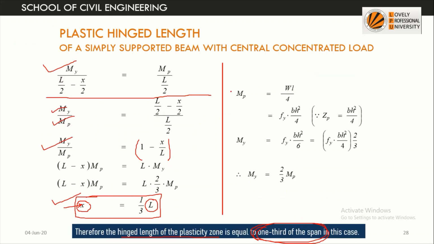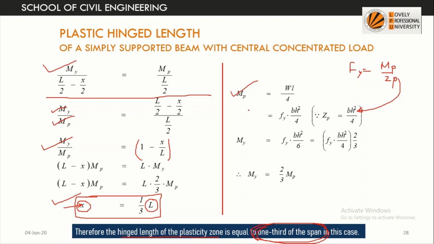So we got the value MP is equal to WL by 4. We know that F is equal to M by Z, so Fy is equal to M by Z. We are dealing with plastic hinge, so this value will be plastic moment and this will be plastic section modulus. The plastic section modulus for a rectangular section is bh square by 4.